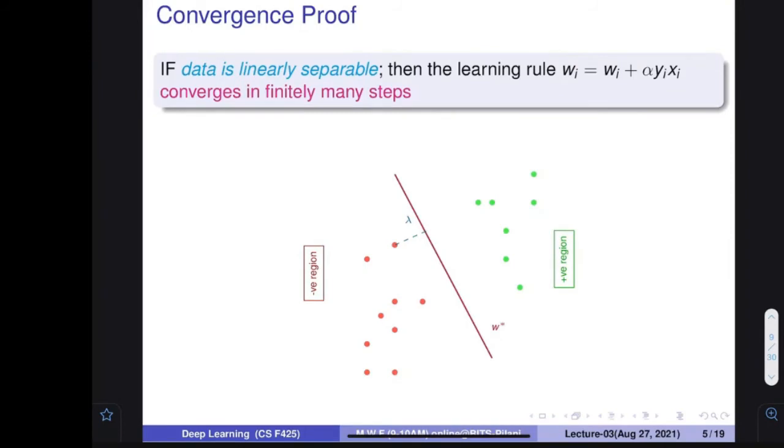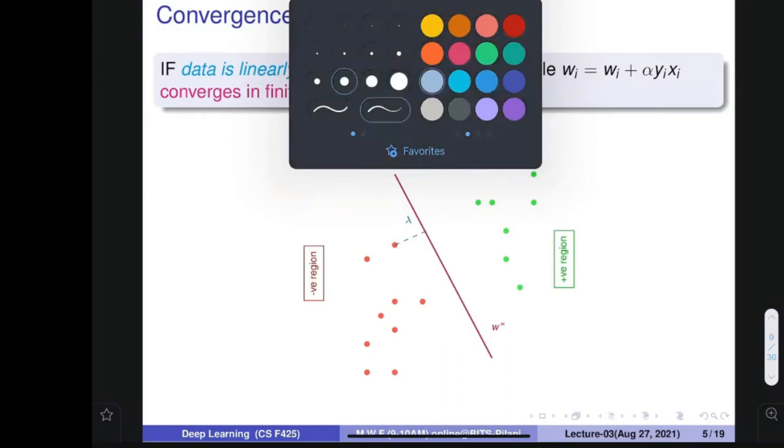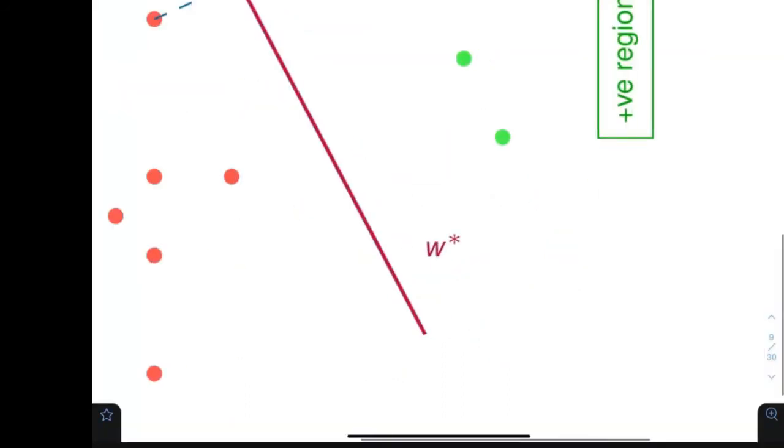So to understand that, let me set up the environment. Let's assume that you are hunting for this particular line, and the parameter related to this particular line is w asterisk. This is the right parameter that you wanted, but you don't have this value right now.